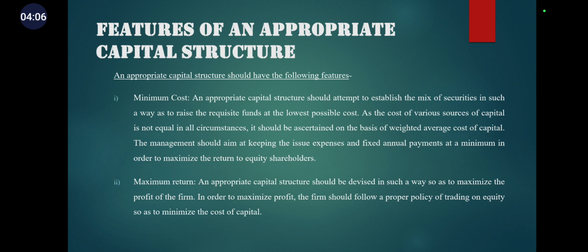Cost of equity is very high because there is more expectation from the shareholders. So instead of fulfilling their expectations, we can go for debt. So when the company wants to increase its profit, it has to go for trading on equity. This was the second feature.